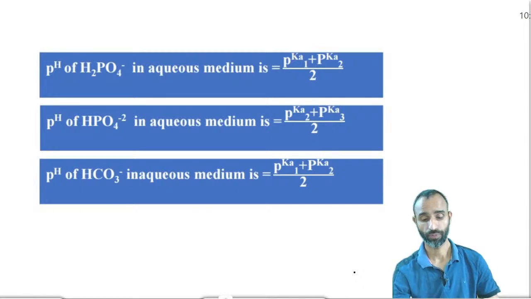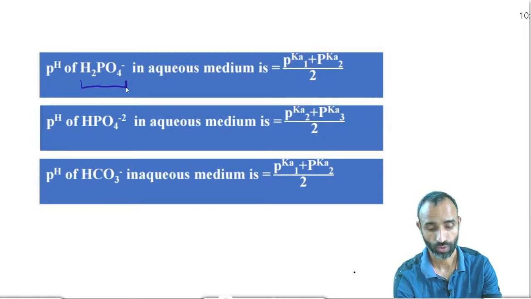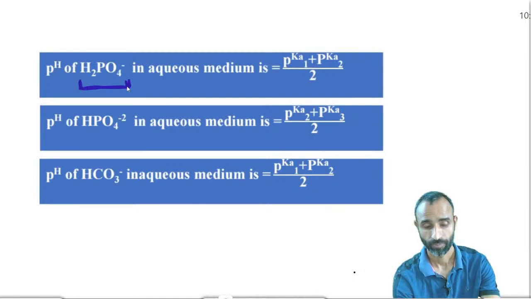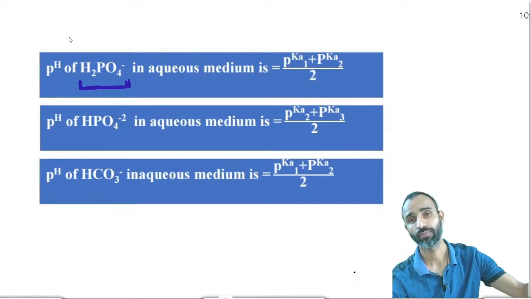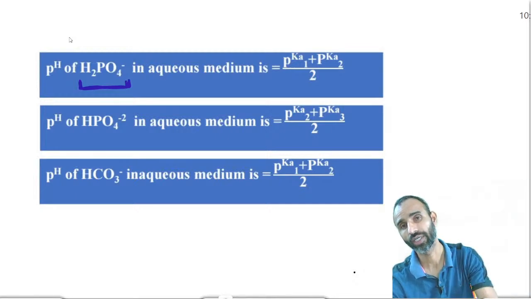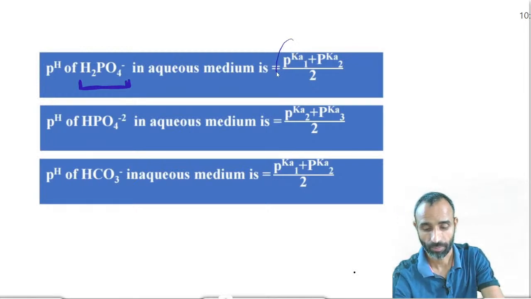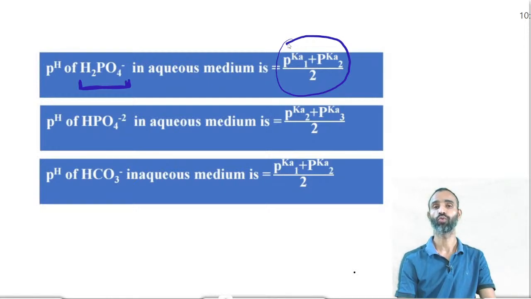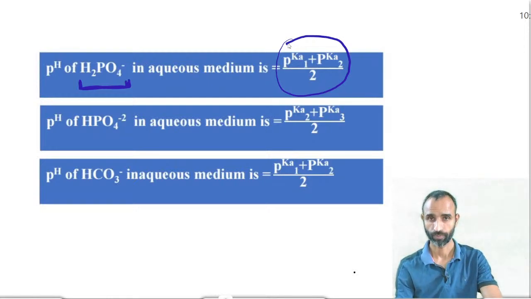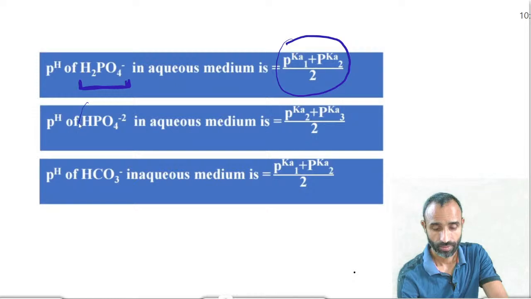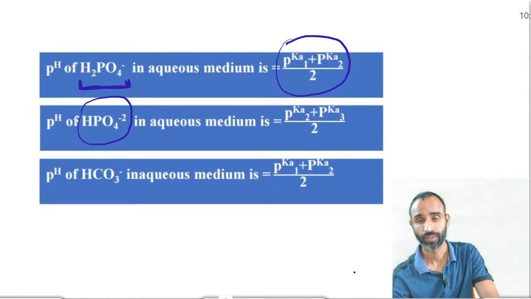If we have H2PO4 negative, that is the first equivalence point, where all the H3PO4 is converted into H2PO4 negative. At that time pH is equal to pKa1 plus pKa2 divided by 2.